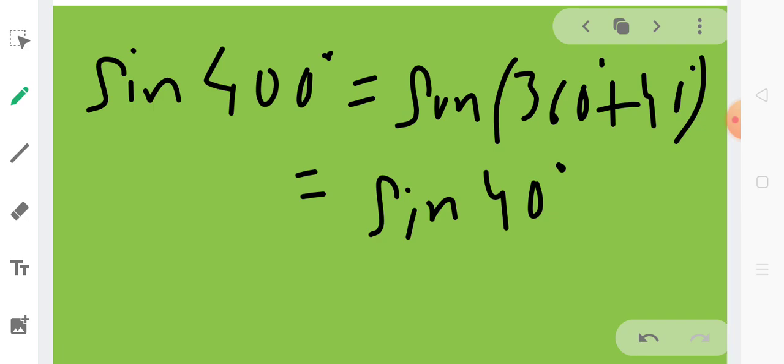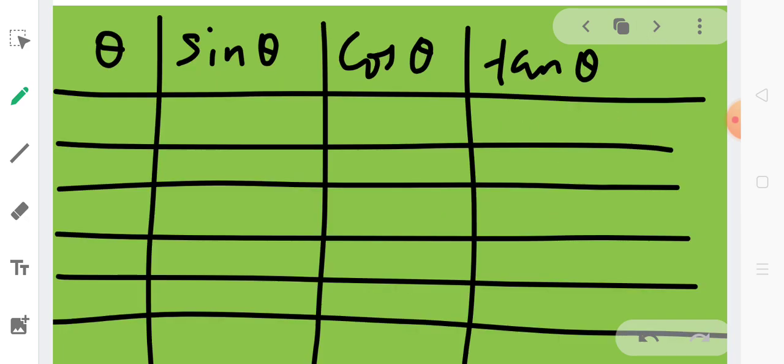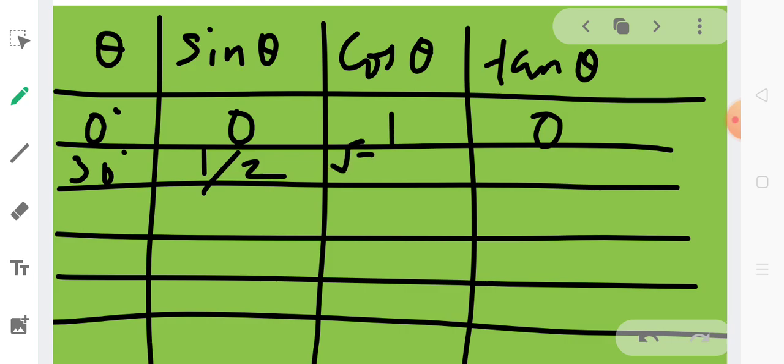Okay, very quickly then we will remember the values of trigonometric ratios of standard angles. For 0 degree, sin theta is 0, cos theta is 1, tan theta is 0. For 30 degree, sin theta is 1 by 2, cos theta is root 3 by 2, tan theta is 1 upon root 3.